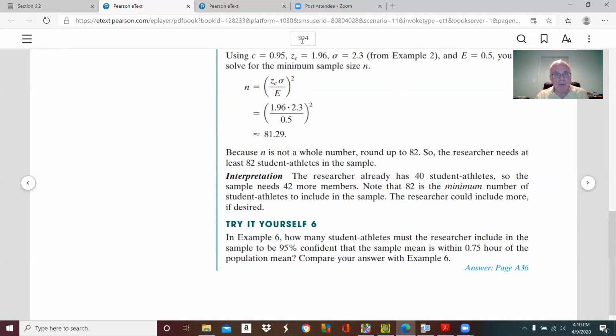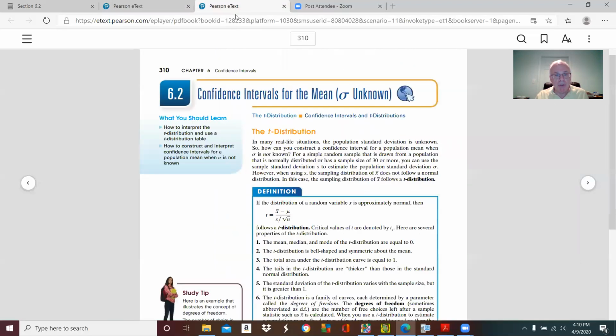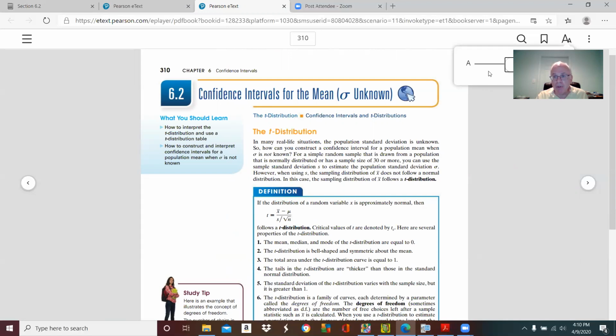Now, what we're going to do next is go into 6.2 and review what we learned last time. First of all, we learned again about the t-distribution. Remember, the t-distribution is the distribution that looks like a standard normal, but it has special properties. The mean is 0, just like the standard normal, but the standard deviation is larger than 1.